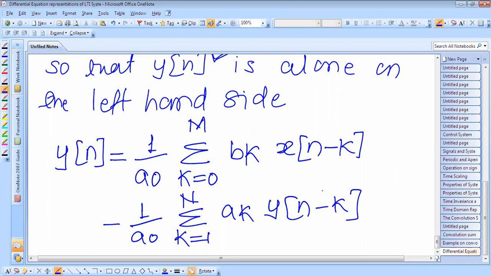So this is the output equation, by keeping y of n on the left hand side of the equation. This equation indicates how to obtain y of n from the present and the past value of the input.